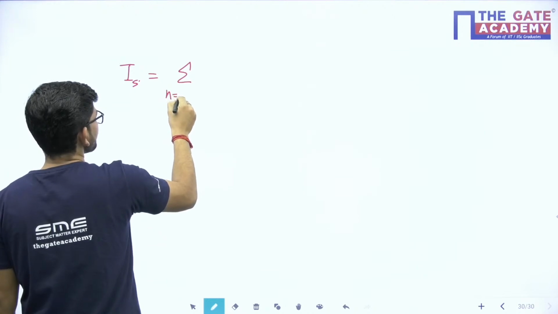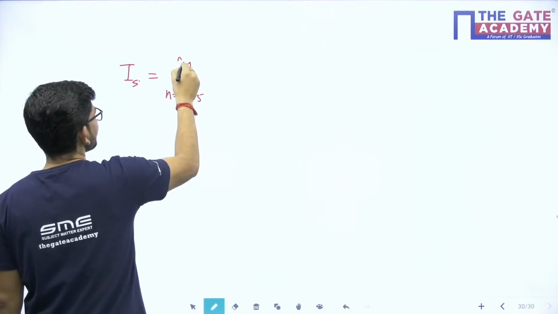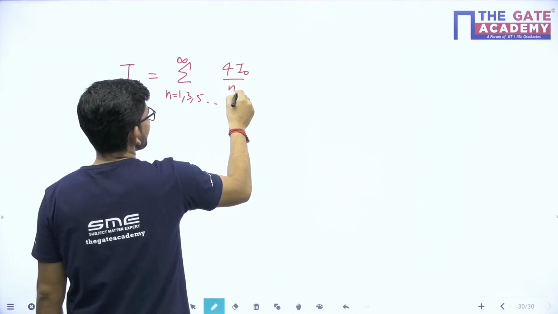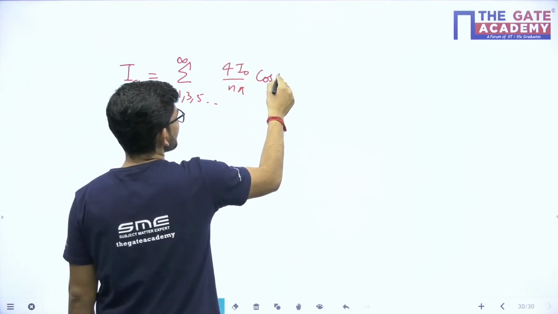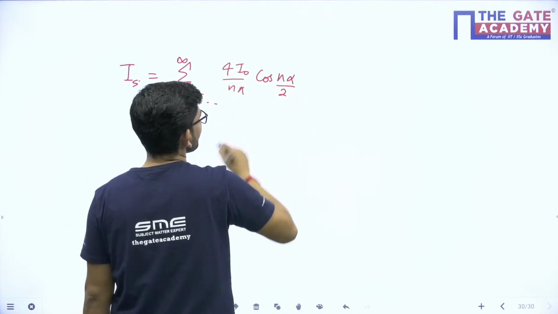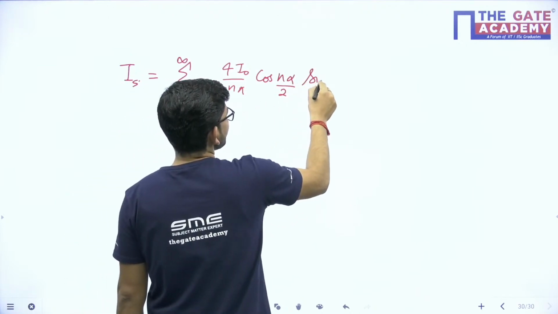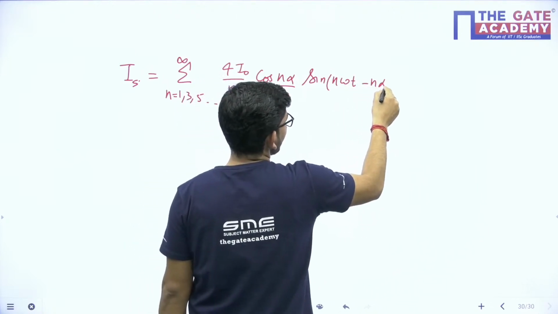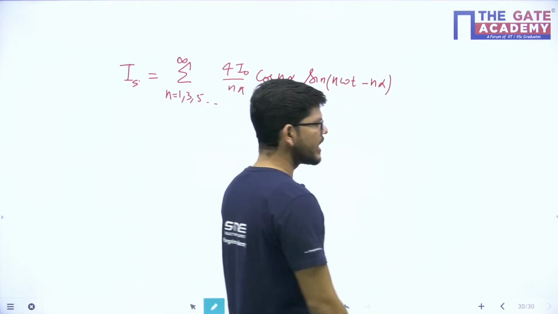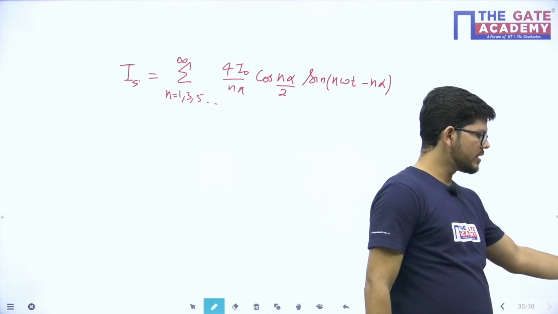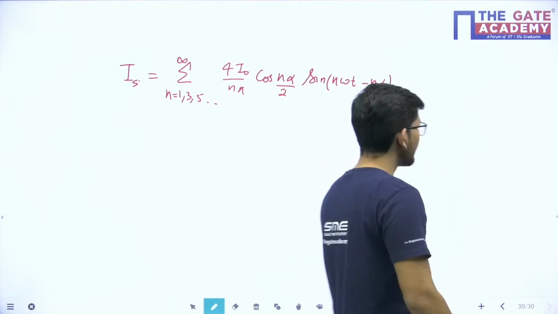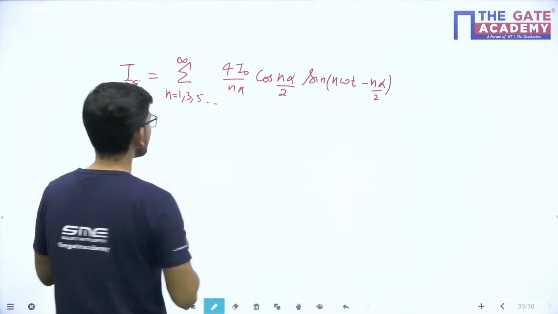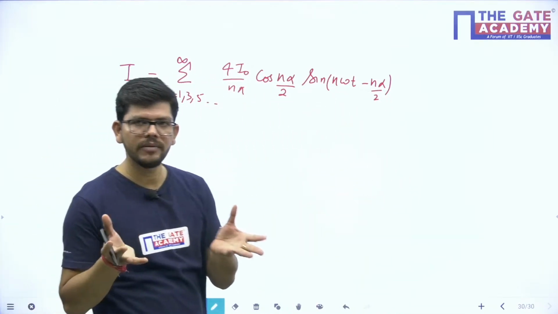This will be equal to the sum over n equals 1, 3, 5 to infinity of 4 I naught upon n pi, and apart from that we have cos(n alpha by 2) sin(n omega t minus n alpha by 2). So this is the Fourier series in case of semi converter.